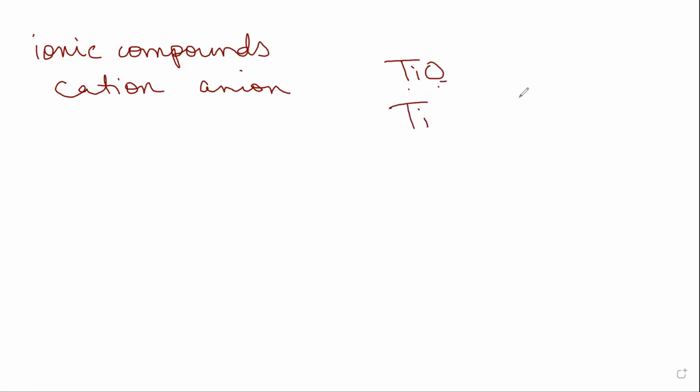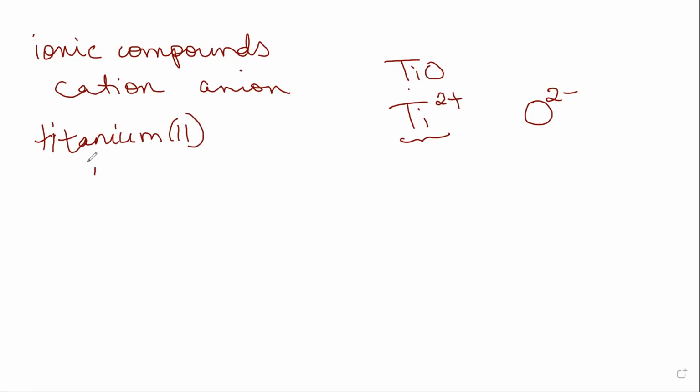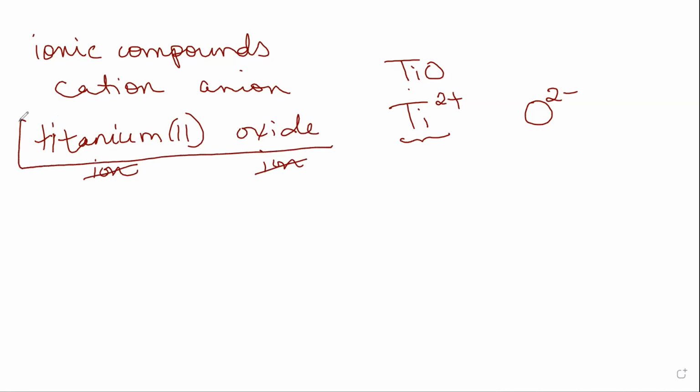My non-metal is my anion. Oxygen is group 6A. So I know the charge on the anions is -2. To make it neutral, then this must be a +2. Okay, remember this is a transition metal, so I have to write down my charge. So it's going to be titanium 2. My cation name is going to be titanium 2 ion. My anion is oxide ion, and all we have to do is drop the ion. So the name of that compound is titanium(II) oxide.